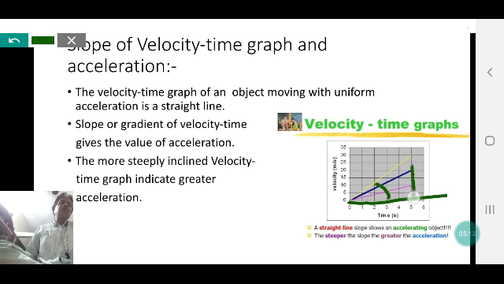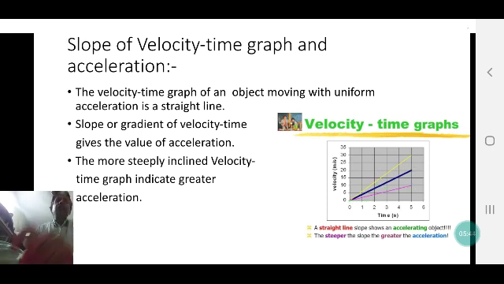If you draw a perpendicular and find the ratio of the perpendicular and base, that gives the slope of the graph. In the distance time graph the slope is obtained like that, and the slope of the velocity time graph can be found in a similar way. But the slope of the distance time graph gives the value of speed, while the slope of the velocity time graph gives the acceleration.